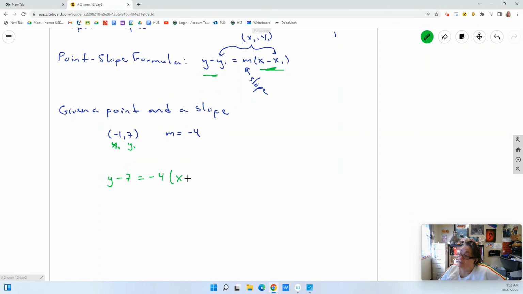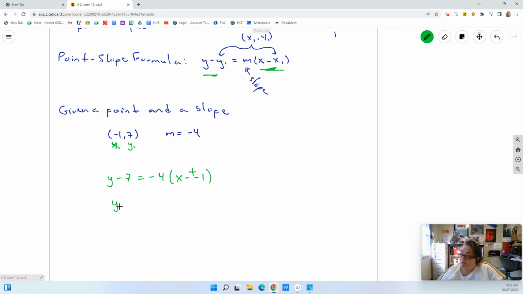That's what we're seeing up here. So minus x1, well, that's negative 1. Notice that I put in the negative because it reminds us that it's minus minus, which becomes plus, right? So this would become a plus 1.